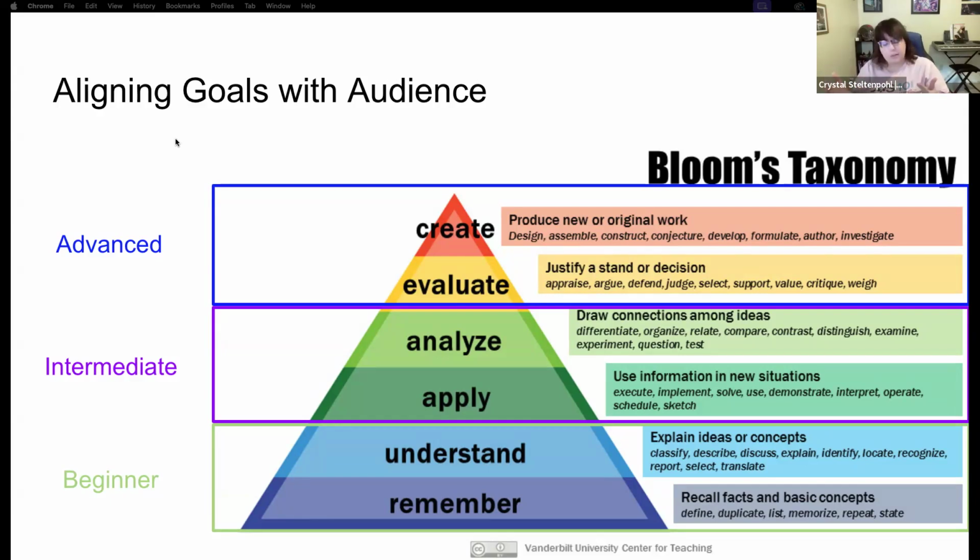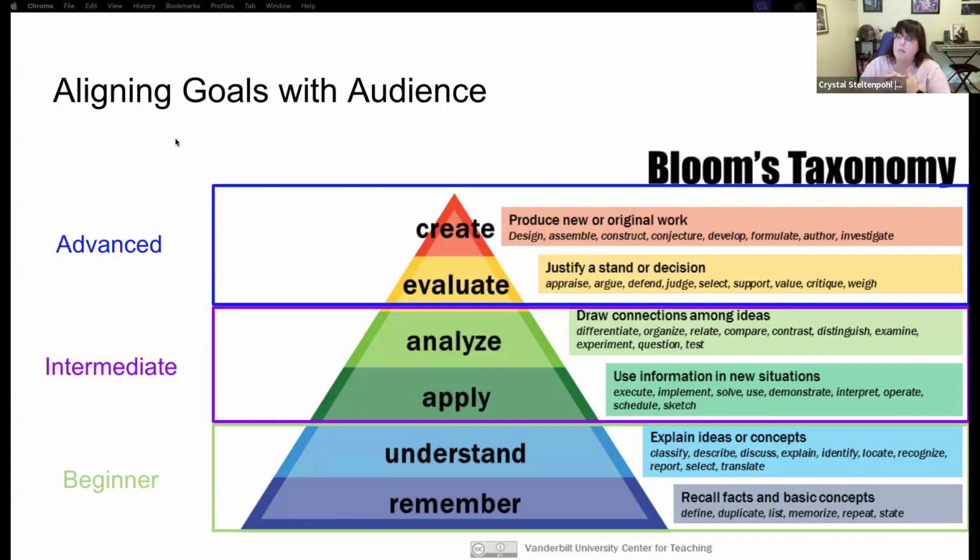If you say, I want somebody to understand open science, what does that mean? Instead, maybe say, I want them to be able to define open science, because you can look at a definition that somebody has produced and say, this is a good definition, or this definition needs a little bit more work.